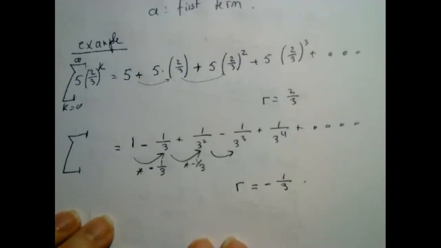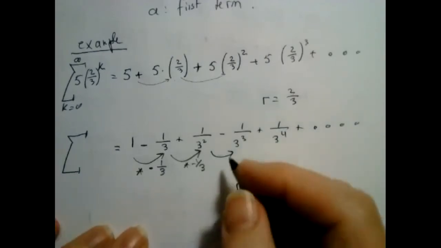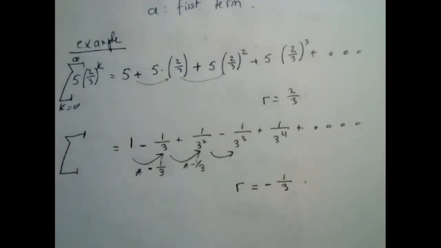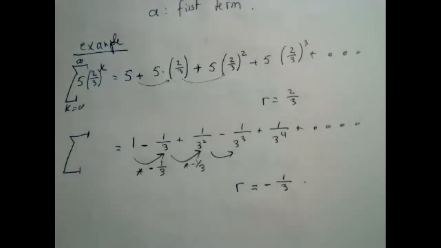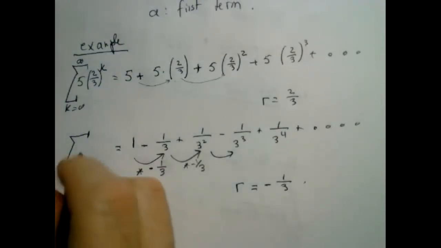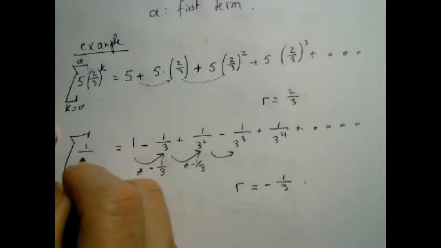So that's a geometric series, every time multiplied by a minus. Go ahead. 1 over negative 3 to the k? 1 over -3, and where do you want the k?